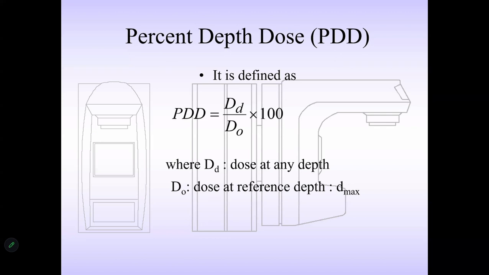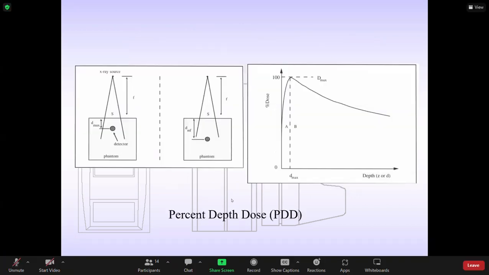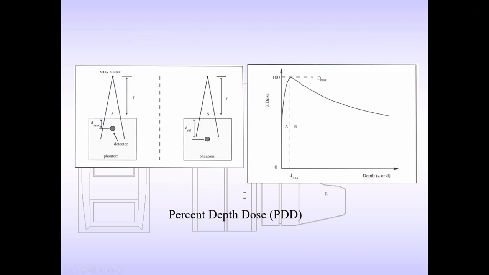And this is the mathematical definition of the percent depth dose, which is the dose at a specific depth divided by the dose at Dmax, the maximum dose.